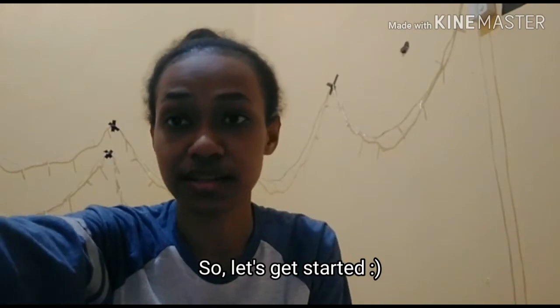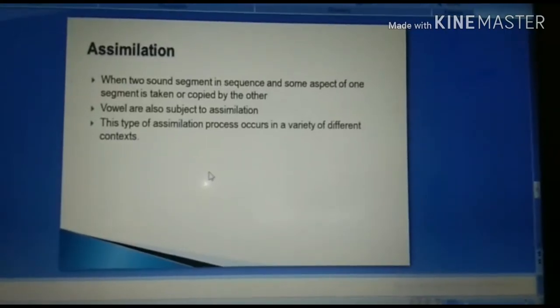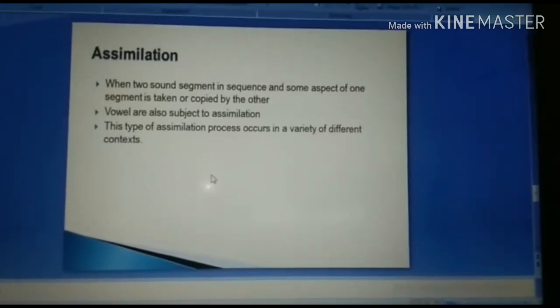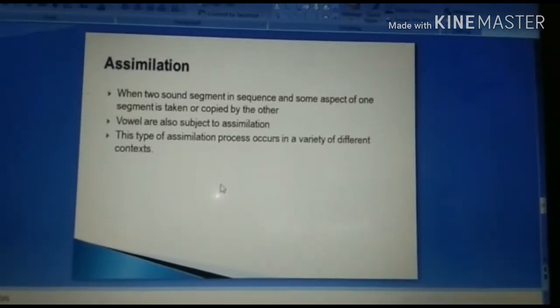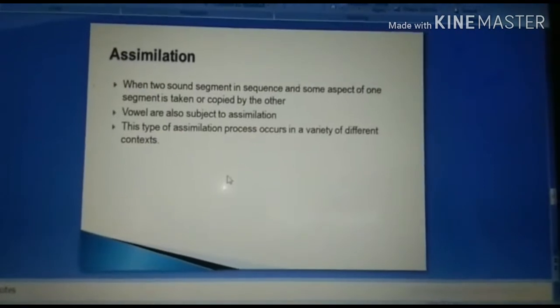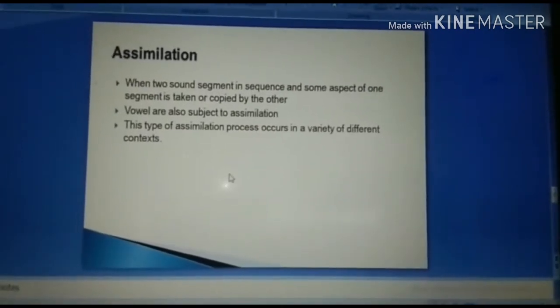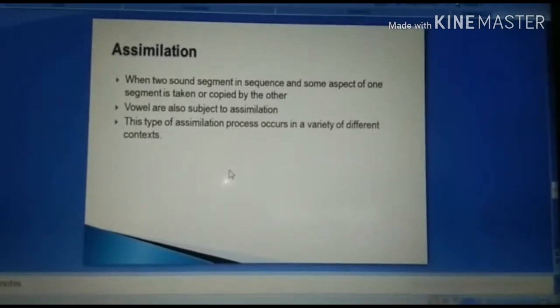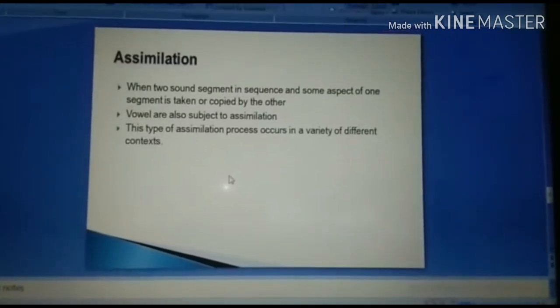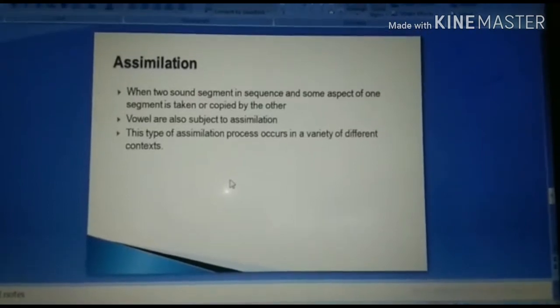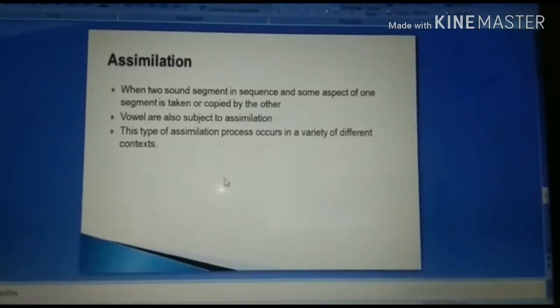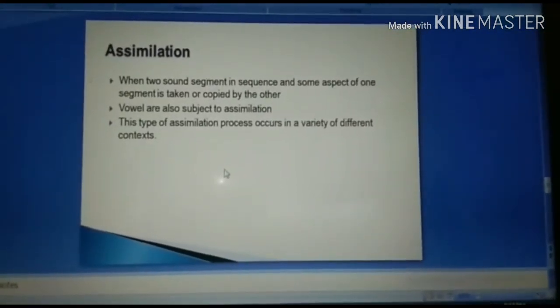So let's get started. Okay, assimilation is when two sound segments are in sequence and some aspect of one segment is taken or copied by the other. And vowels are also subject to assimilation. This type of assimilation process occurs in a variety of different contexts.